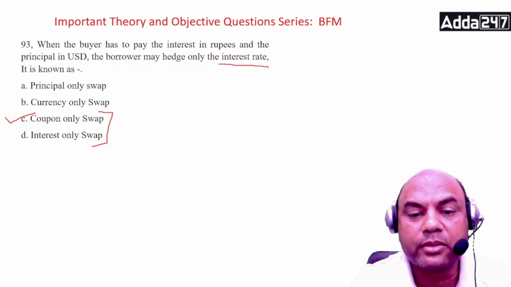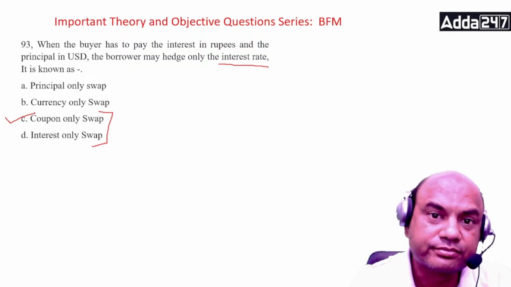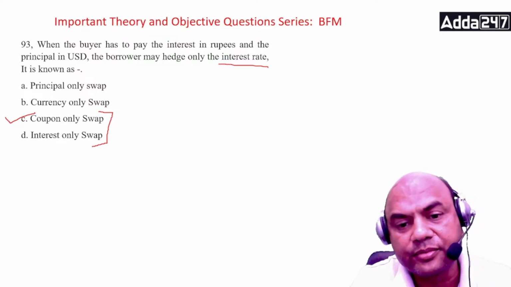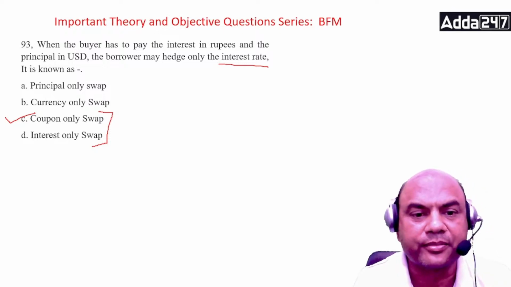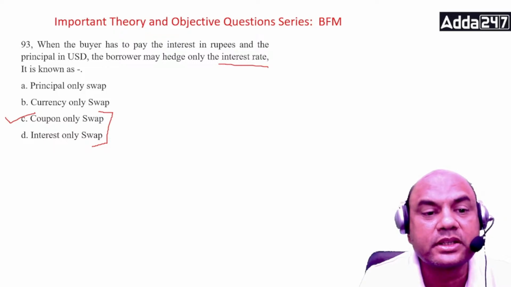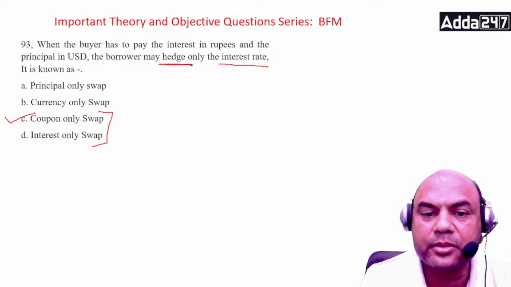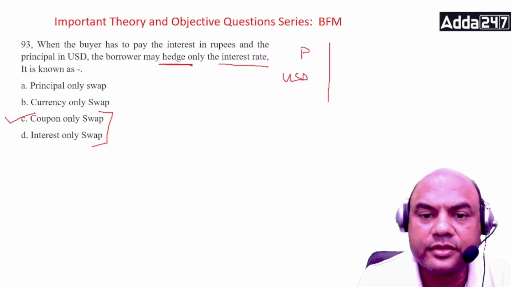When the buyer has to pay the interest in rupees and principal in USD, the borrower may hedge only the interest rate. It is known as coupon only. See here, the logic is very simple. What will I hedge? Hedge means reducing the risk. Where will my risk be reduced? Here, I am getting principal in USD and interest in rupees.